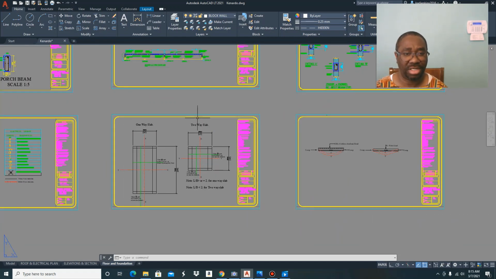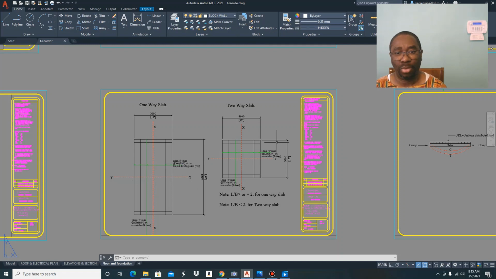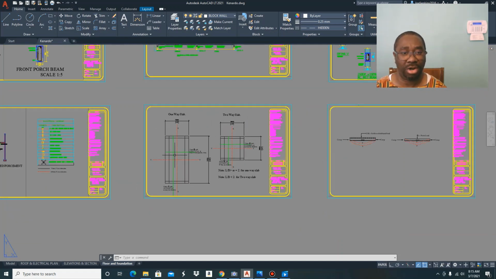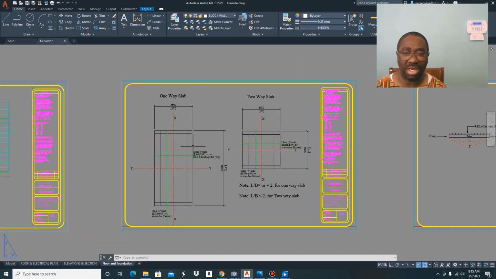And this is critical to note when you're reading your reinforced concrete slab or your reinforced concrete deck plan, because even though it is the work of the engineer to properly detail the slab, it is still worthy for the builder or the contractor or even the owner to know these things, and it will make your knowledge grow, and you will know what to look out for.